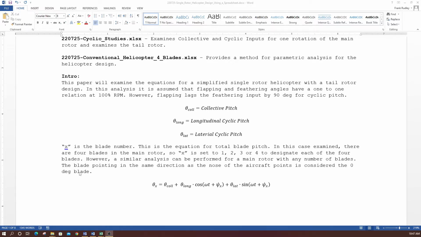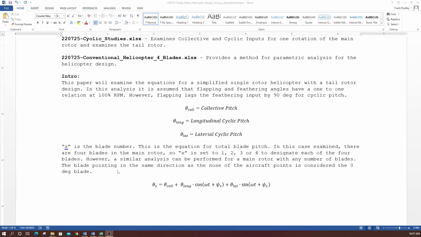So anyway, there's an equation here, which is the total pitch of the blade. It's the sum of the collective plus the longitudinal input, which is a function of the cosine of the azimuth of the rotor disc, plus the lateral cyclic pitch, which is a function of the sine of the azimuth of the rotor disc.